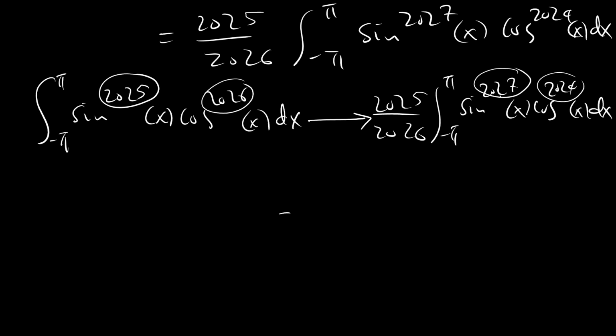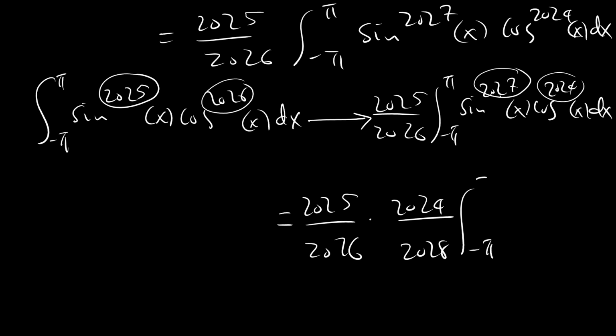So in other words, this can be 2024 over 2028, sine 2029 of x, cosine of 2022 x.